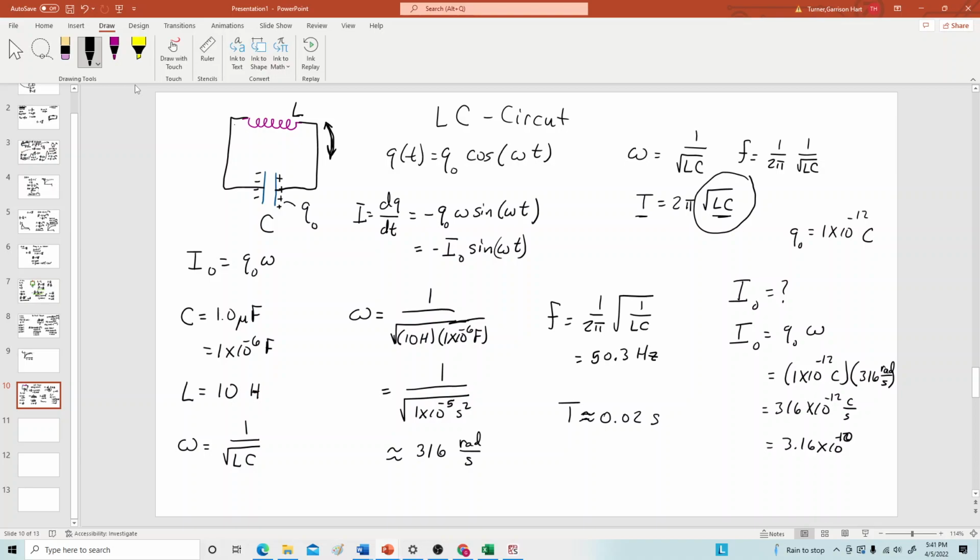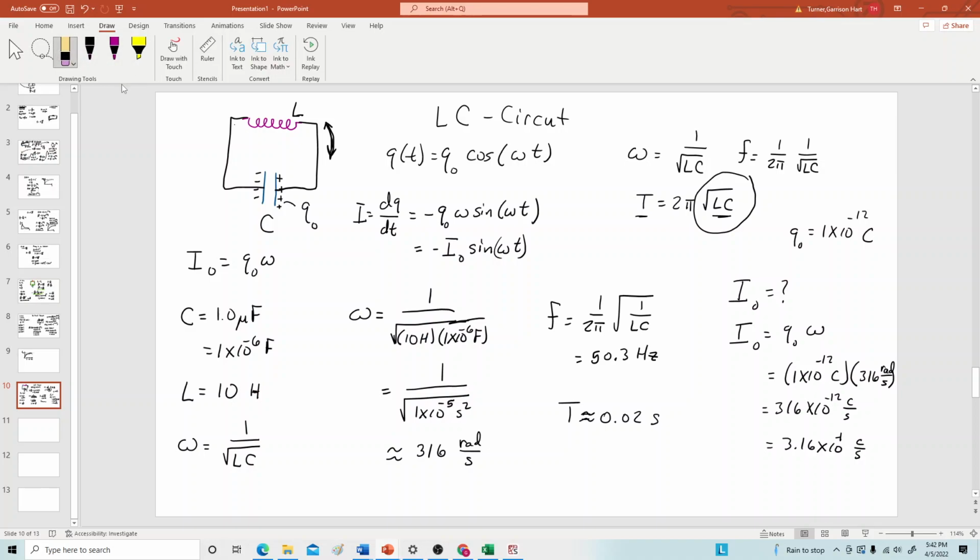10 coulombs per second. So a fairly minute amount of charge is what we have here. Or I should say a very minute amount of current, because this is technically amps, right? This is technically amps.